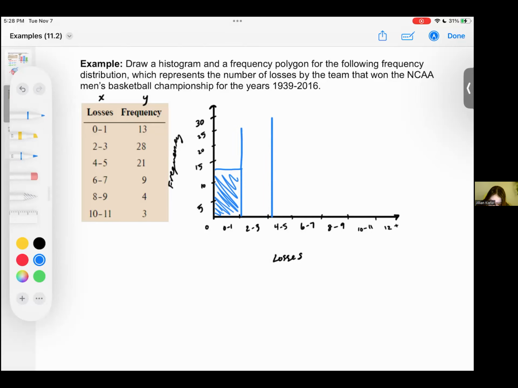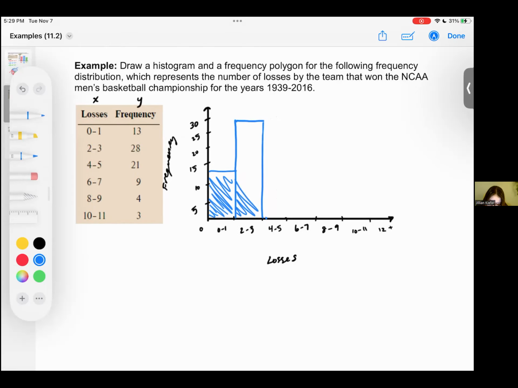So we have this graph here. It's almost at 30, but it's not quite at 30. It won't be perfect, but we'll make it accurate. All right, so for 2 to 3 should be probably around there.